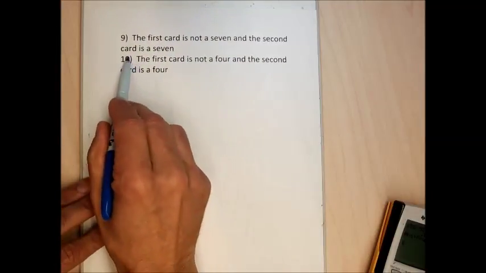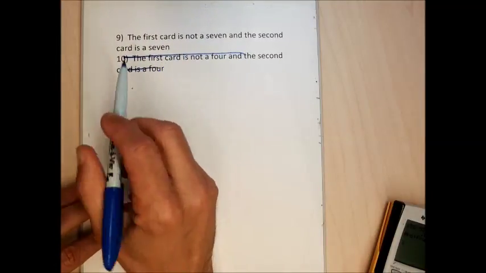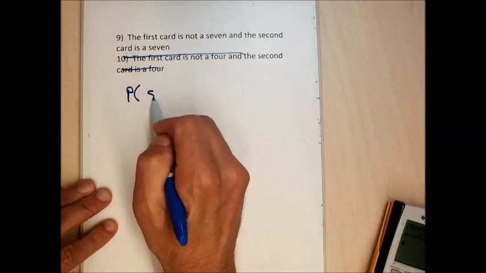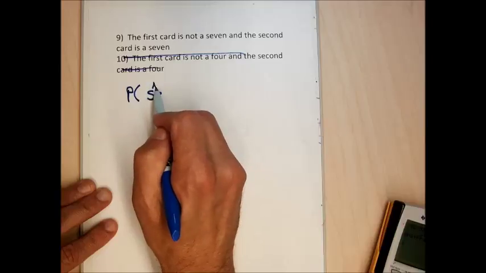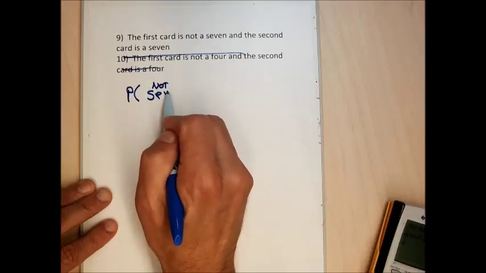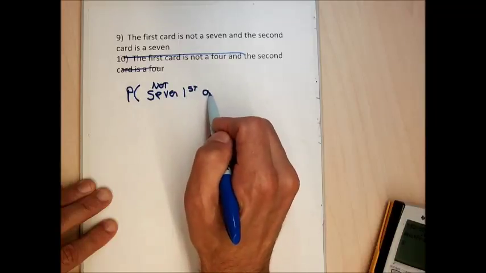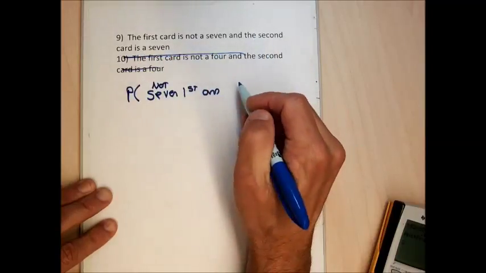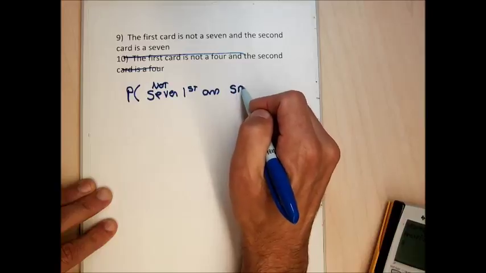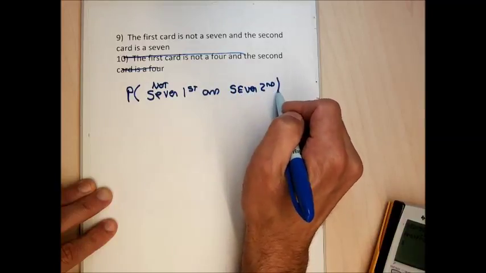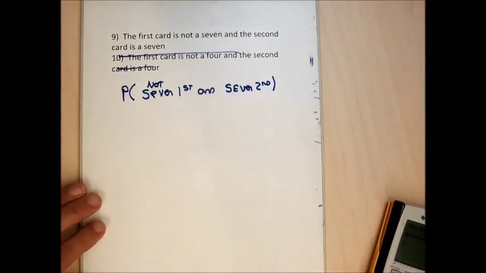So I'm going to do number 9 on this sheet. It wants me to find the probability that the first card is not a 7. So I'm going to get anything other than a 7 for my first card. And my second card is a 7. And I'm still assuming I'm not putting the card back that I picked first.